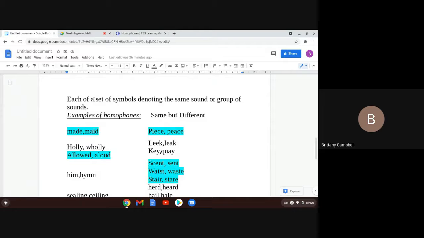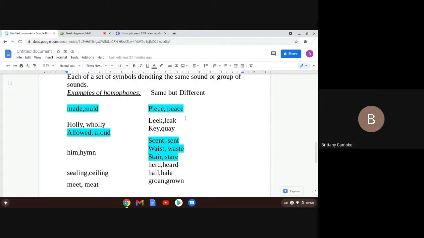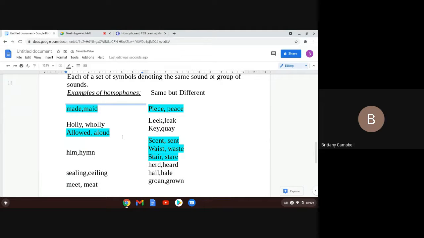Now, each set of symbols denoting the same sound or groups of sound. Now, here we have on the screen the target homophones that we're going to pay attention to. And when I say target, I mean these are the homophones for today that we're going to place our emphasis on. We're going to spend some time learning and knowing about these.